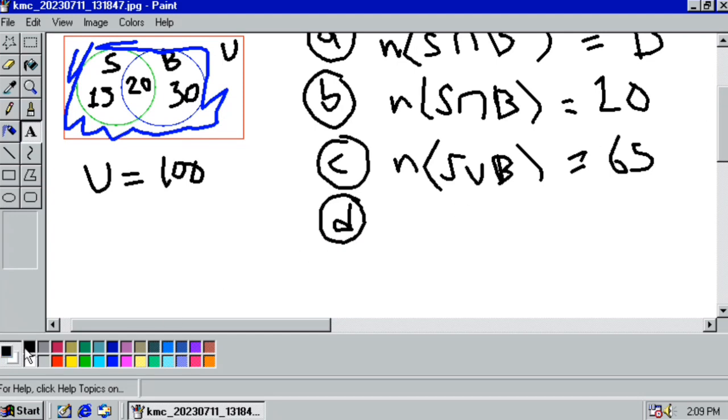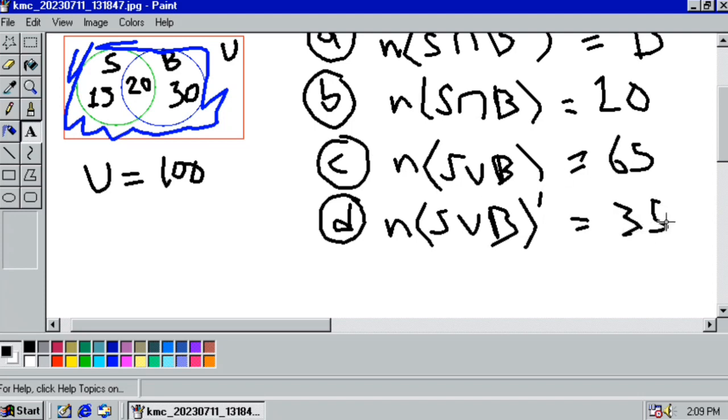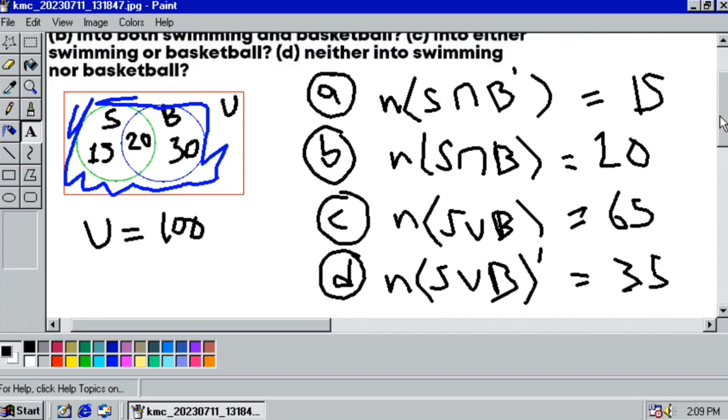If we want to write that down, it will be N of the complement of S union B. We're not including this part since I've added the complement. So 100 minus 65 is 35. So this is the answer to all the questions that are given.